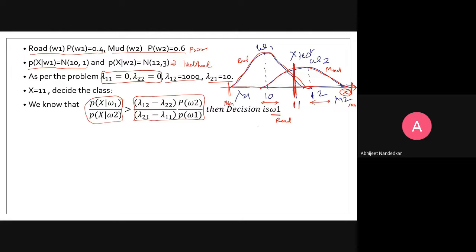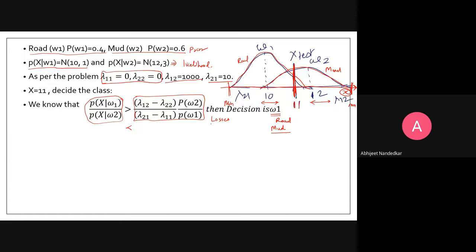If this is less, then my decision will be mud. Okay, so this formula incorporates all our things. That is, we are taking into account losses and the probabilities.